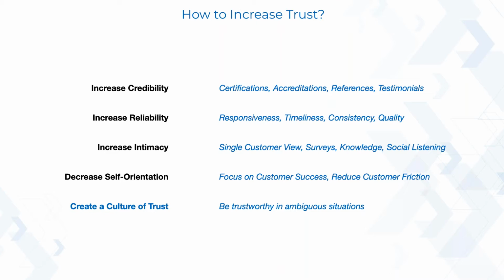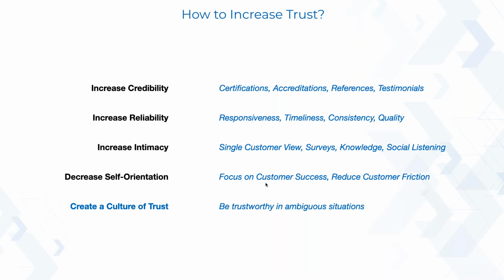So that's why it's so important as part of your trust strategy, not only to measure it and to focus on increasing it in these areas, but to also build a culture of trust. So the culture of trust ensures that regardless of the situation, your people, when put on the spot in the worst of times, are going to act in a trustworthy way.